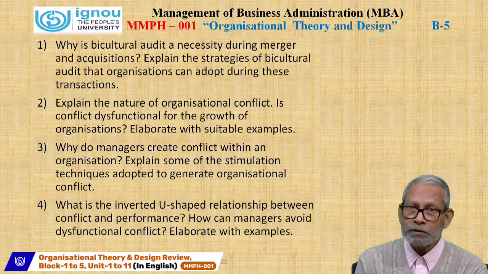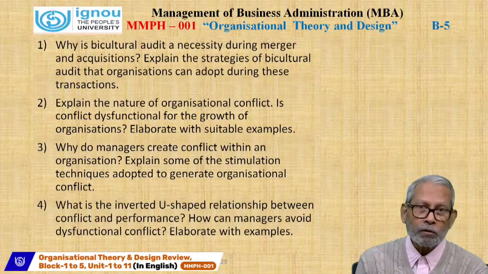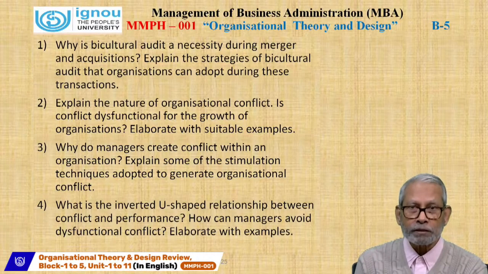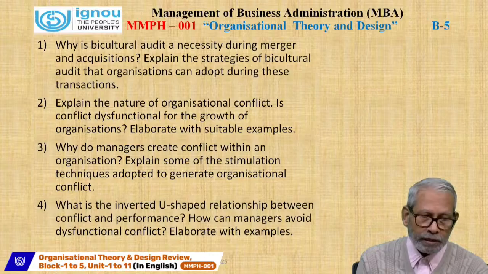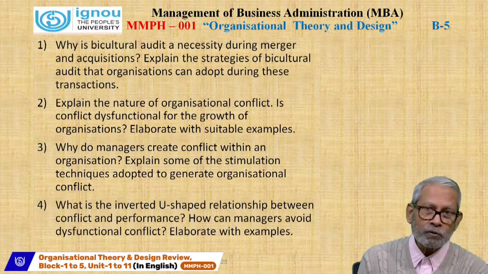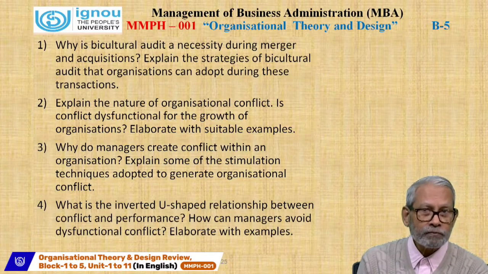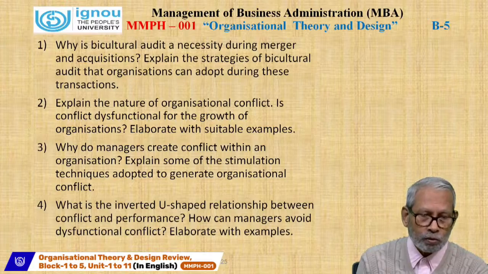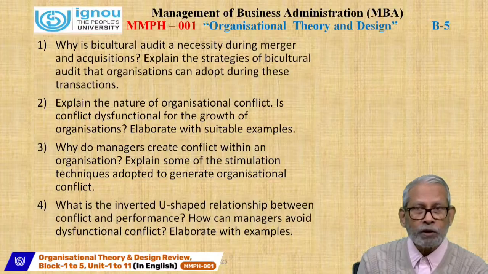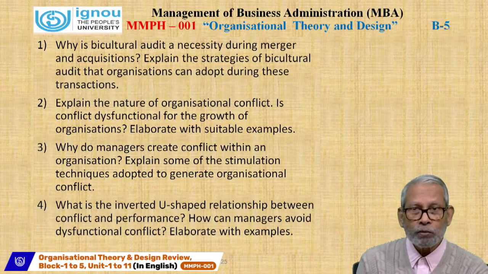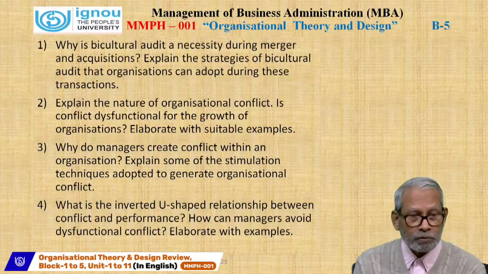Otherwise, performance can deteriorate. So conflict and performance have one sort of relation. It is an inverted relation, because if the conflict is more, performance will be less. If your conflict is less, performance will be more.